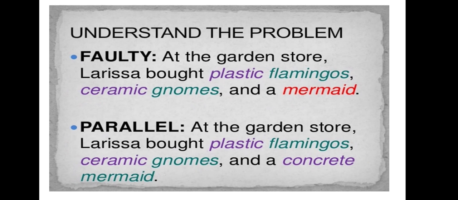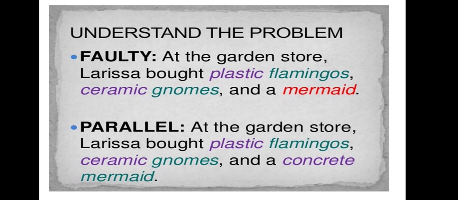I still have another example here just to make it easier. So this is the faulty one. At the garden store, Larissa bought plastic flamingos, ceramic gnomes, and a mermaid. So the error here is the mermaid, right? Since the plastic flamingos and ceramic gnomes are related to each other, those are things you display in the garden.